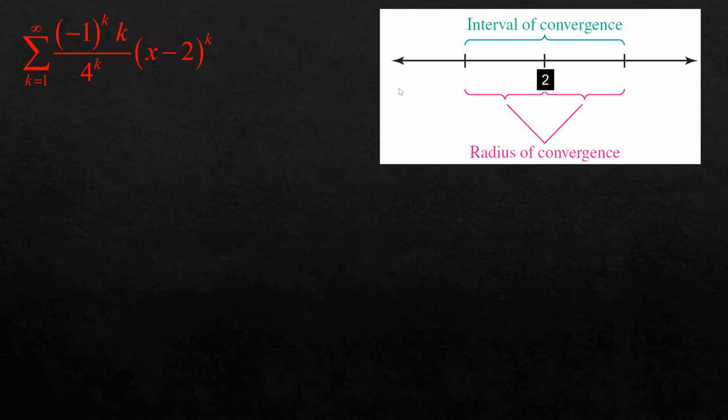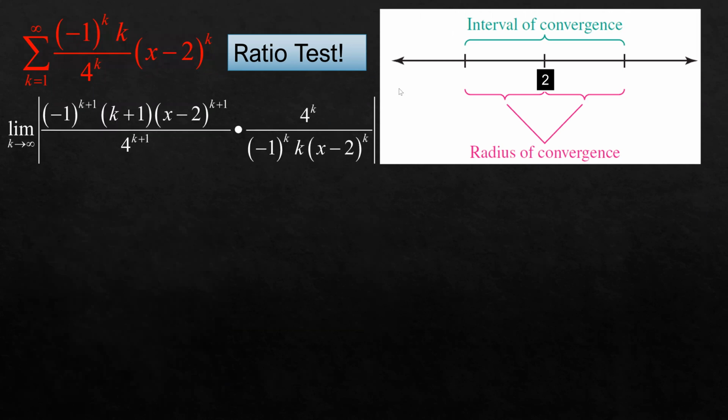Most often when dealing with power series, we are looking at either the ratio test or the root test. The ratio test says to take the limit of a sub k plus 1 divided by a sub k. Since we have a fraction, division means to multiply by the reciprocal.